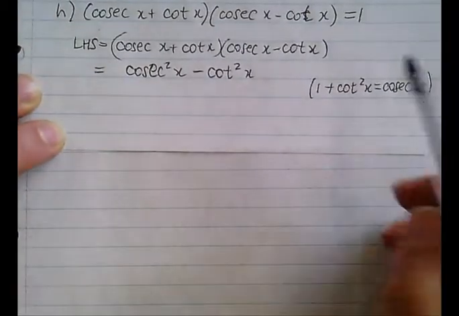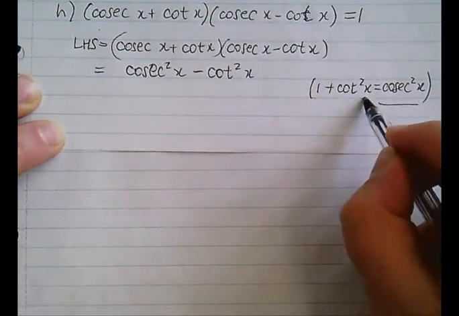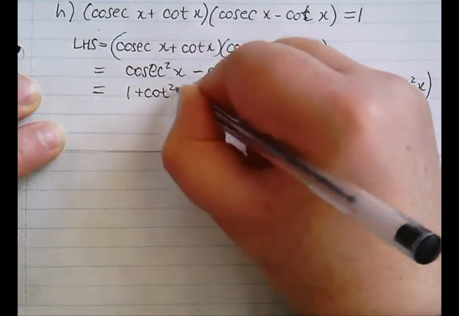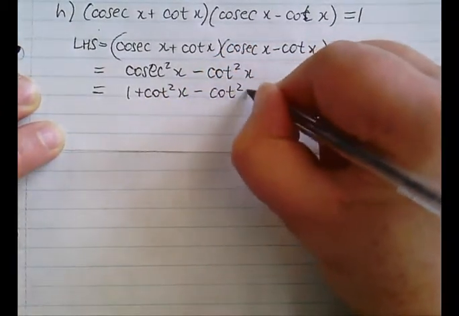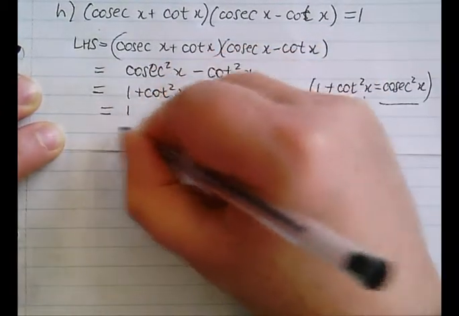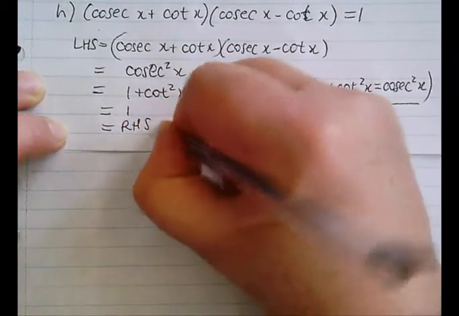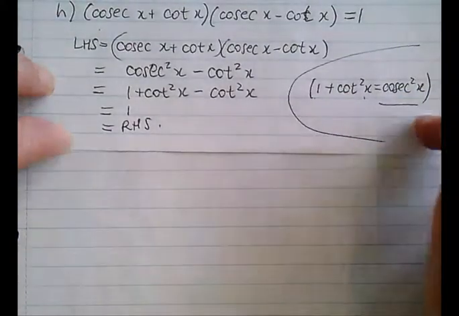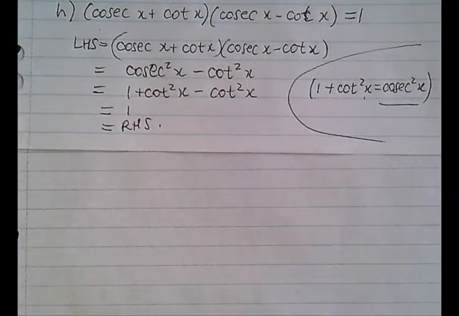So why don't we just replace the cosec squared x with 1 plus cot squared x. So that's 1 plus cot squared x minus cot squared x, and they cancel, equals 1, which equals the right-hand side. Okay? Always a good idea to write that result you need on the side.